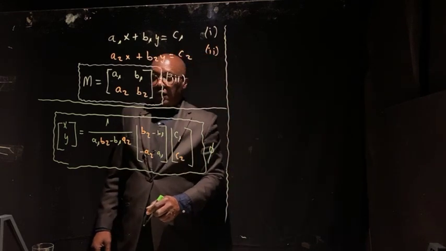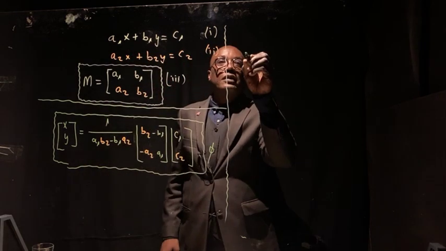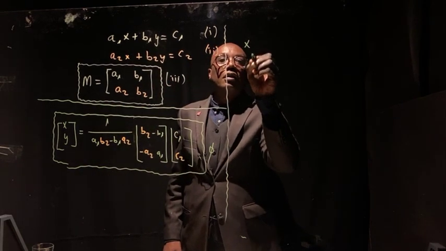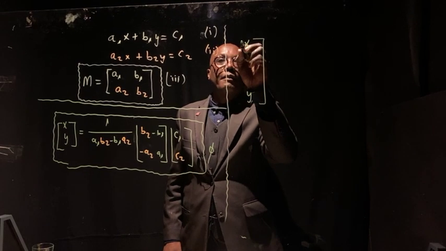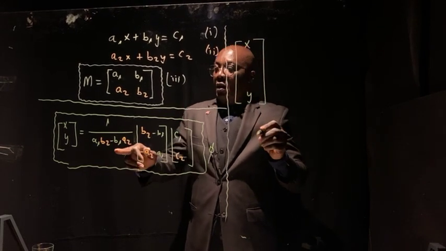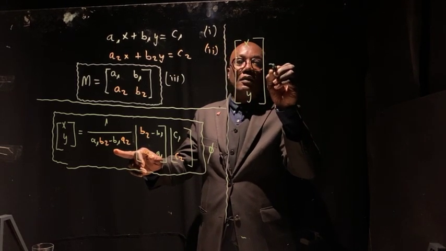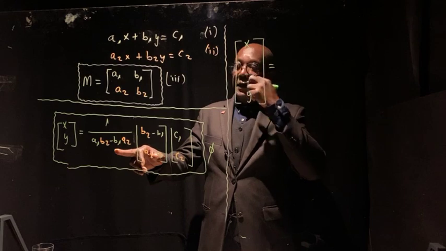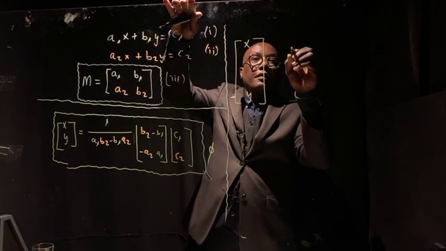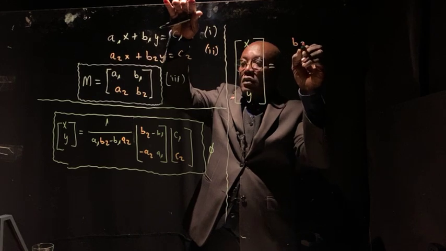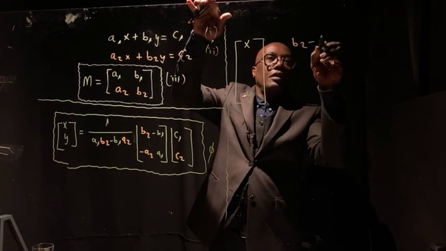So, this equation can also be expressed as the matrix of x, y, is equal to b2, minus b1.